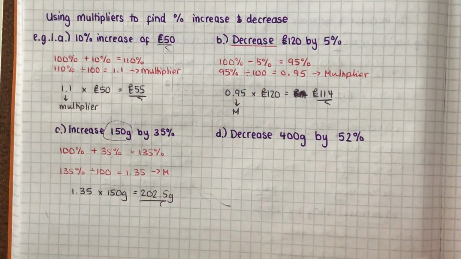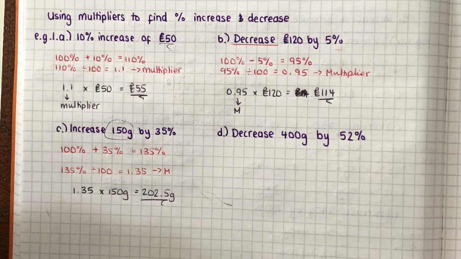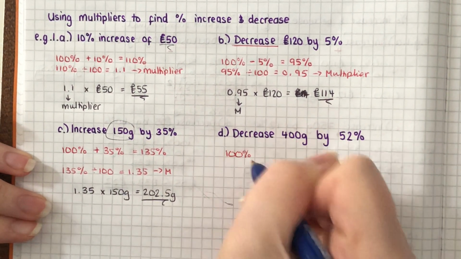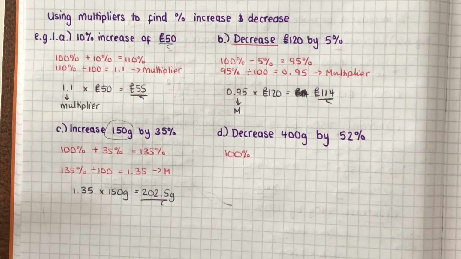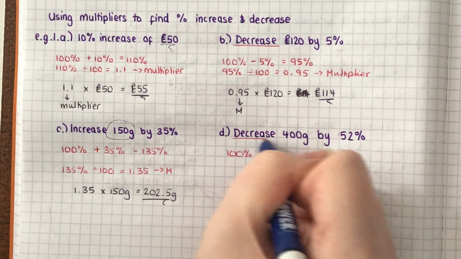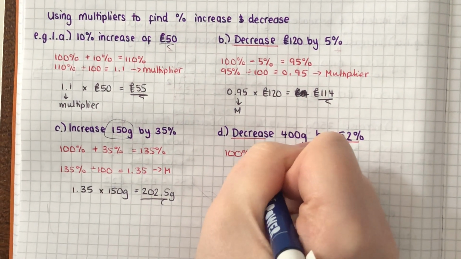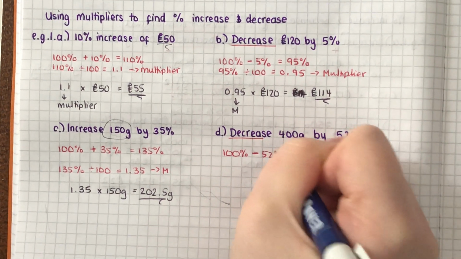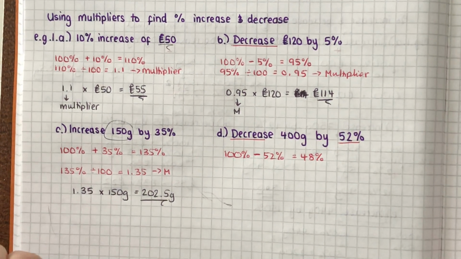Now again, we just use this because one, it's much quicker, and two, some of the percentages can get quite awkward. So using a calculator is much easier, but obviously only if you've got a calculator. So next one, we're decreasing by 52%. So we start with 100. Decrease means we're going to subtract, and we've got 52% that we're subtracting by, which means we've got 48% left.